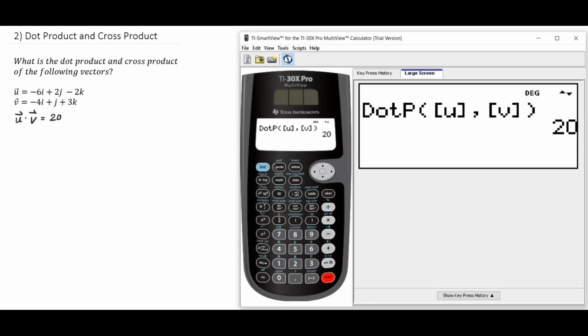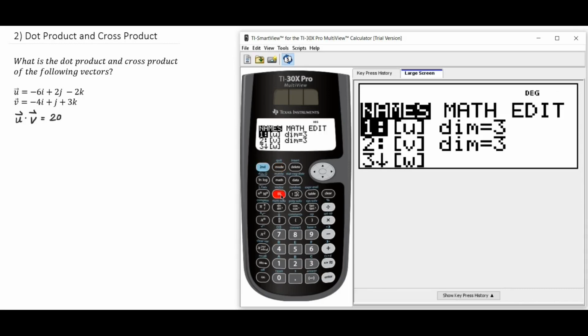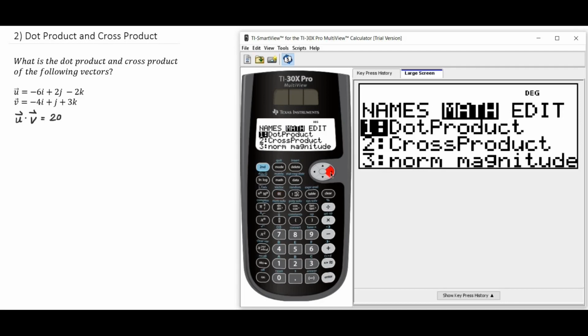Now we can take the cross product. We can do that by pressing second quit and then going over to vectors. We're going to scroll over to math again, and this time entering 2 for the cross product.